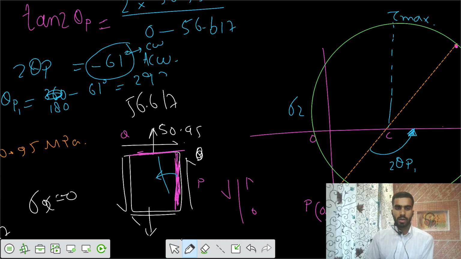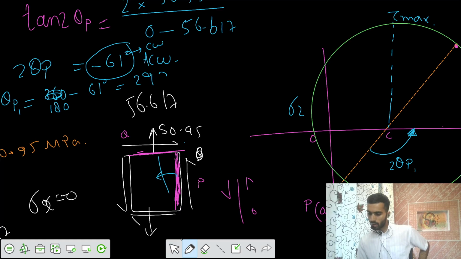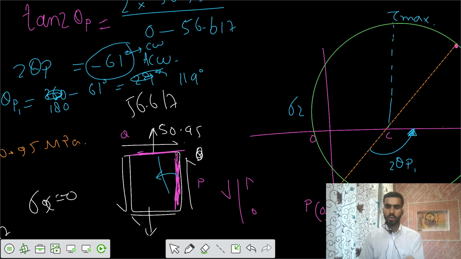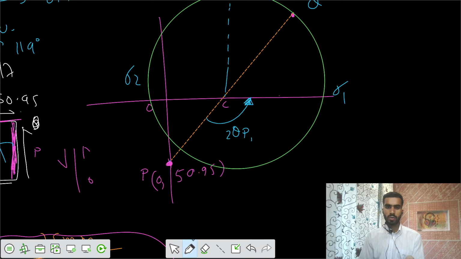That's your 180 minus 61. What is that value? 180 minus 61, that's 119 degrees. So you need to go 119 degrees. So this is your 119 degrees.